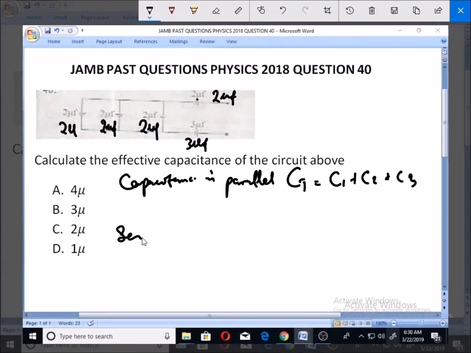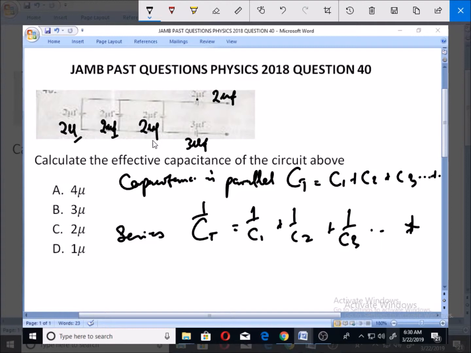Whereas for series calculation, we have 1 over C total is equal to 1 over C1 plus 1 over C2 plus 1 over C3. So you continue to add this one. If it is in parallel, it has to be just normal, but if it's in series, you add up the reciprocals.